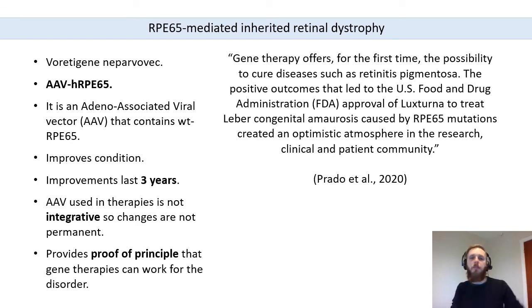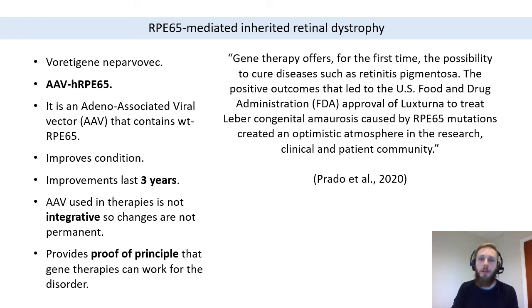Now, the way it's introduced is different to what we've talked about so far. So we've been talking about lentiviral vectors. A different vector here is used, and that vector is called adeno-associated viral vector. Now, adeno-associated virus, often shortened to AAV, is a virus that works in a similar way to some retroviruses in the sense that its genetic material stays present in the cell.